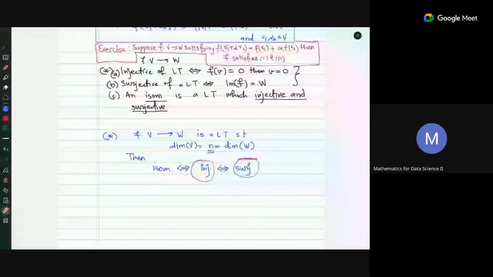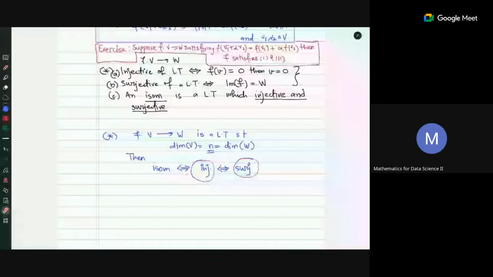If the map is injective, then it is an isomorphism. And if it is surjective, then it is injective also, and then it is an isomorphism. So either injectivity or surjectivity is sufficient; you don't need to verify both. But that only happens when the dimensions of the codomain and domain are the same.